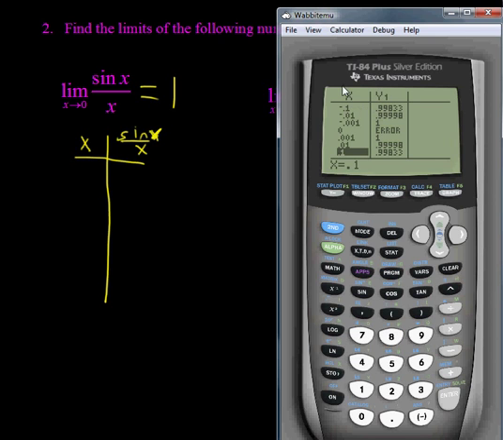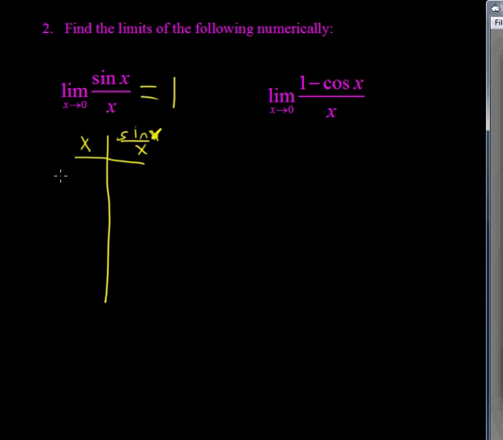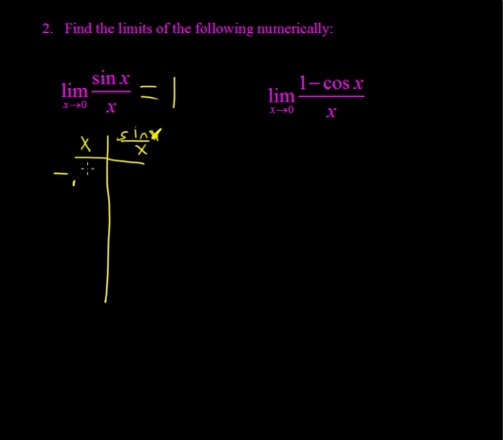It's negative 0.1, negative 0.01, and negative 0.001. And we had 0.99833, 0.99998, and then it rounded to 1.